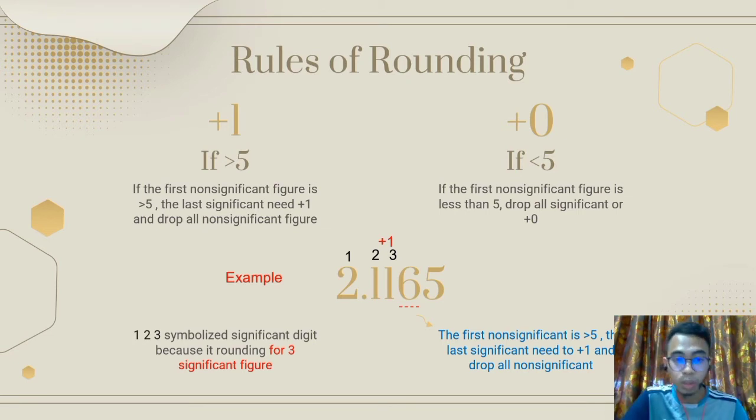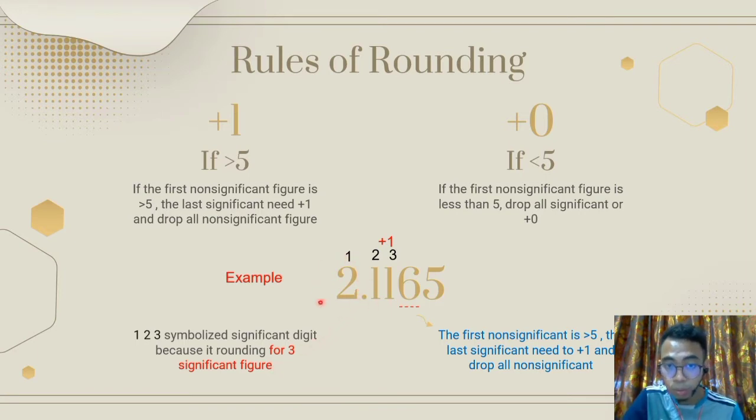As you can see, there is an example here. The number given is 2.1165, and the question wants rounding to three significant figures. So we take note that the question wants three significant figures.